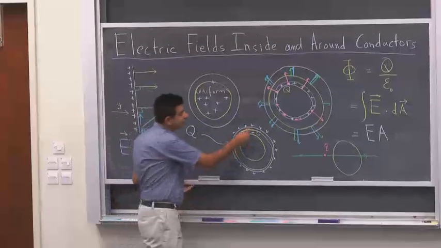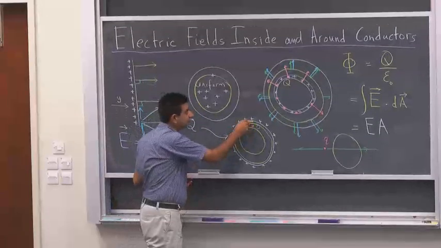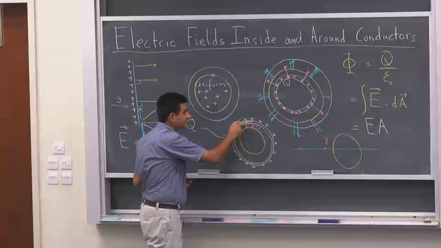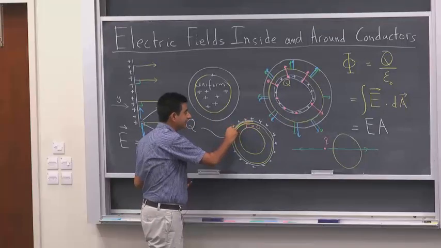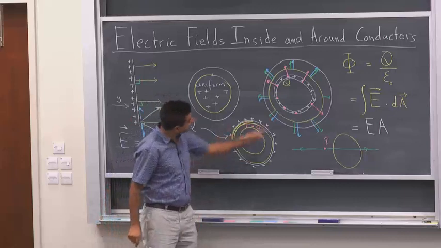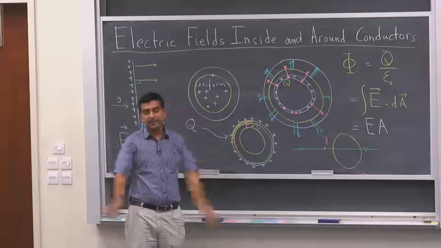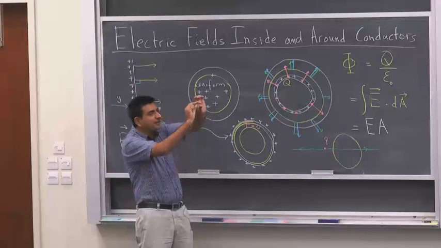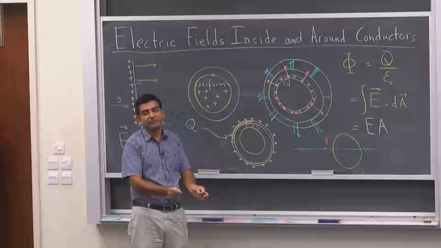So I can make a Gaussian surface right at the surface, but just below it, just barely touching the surface. And my argument will still hold that the charge inside this Gaussian surface that is just barely skirting the surface of the sphere is zero.